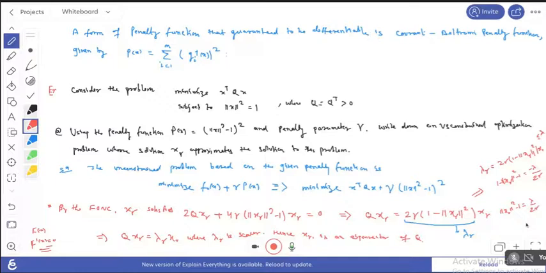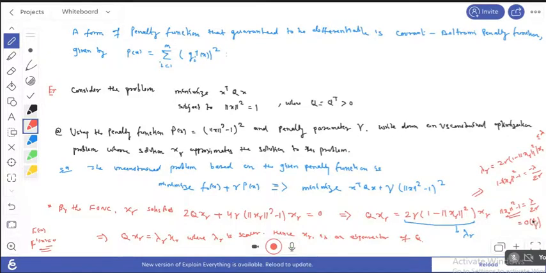So this is basically of the order of 1 by gamma. This means your penalty function, that is norm of x_gamma squared minus 1, is of the order of your penalty parameter, that is of order 1 by gamma_k.